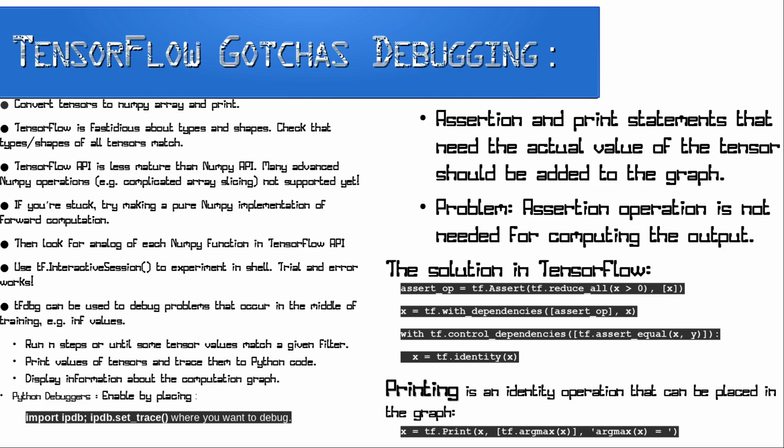Printing is an identity operation that can be placed in the graph. x is equal to tf.Print of x, within square bracket tf.argmax of x close the square bracket, within quotes argmax of x is equal to close the quotes, close the round braces. So these are the things a TensorFlow developer needs to remember while programming.